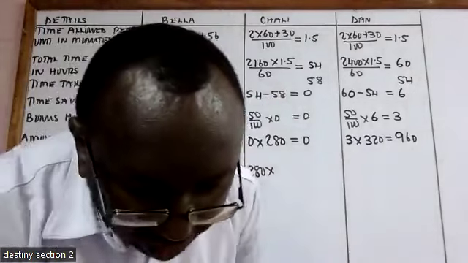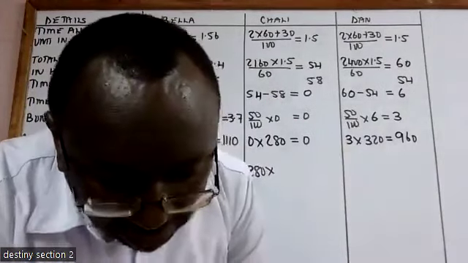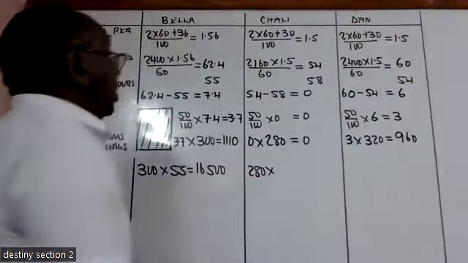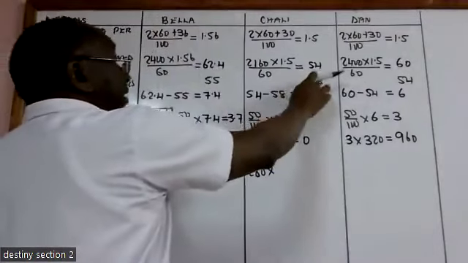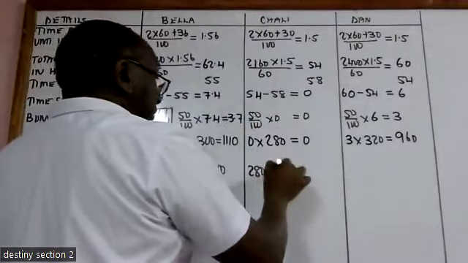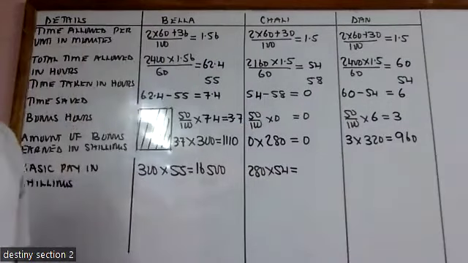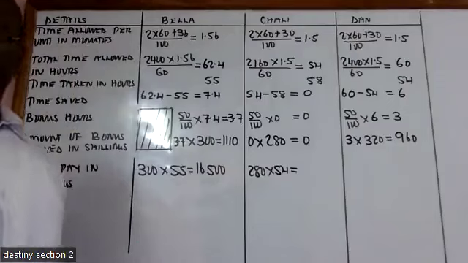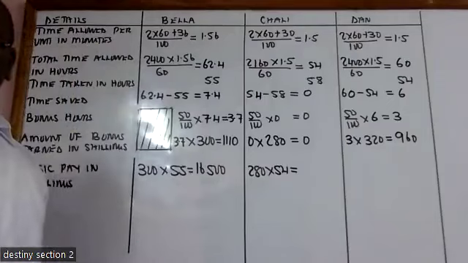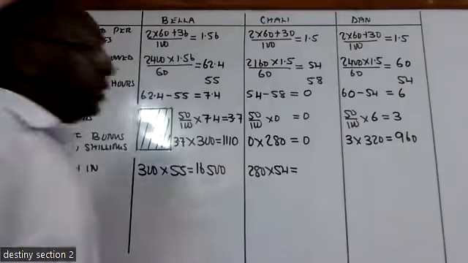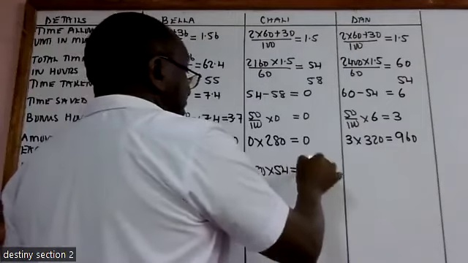According to information 1, no payment is made beyond the time allowed. So sasa, despite the fact that alichapa 58 hours, tunamlipa 54. $15,120.